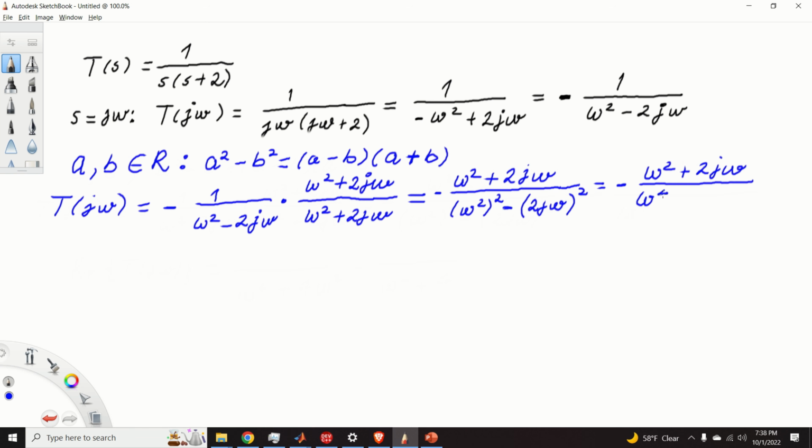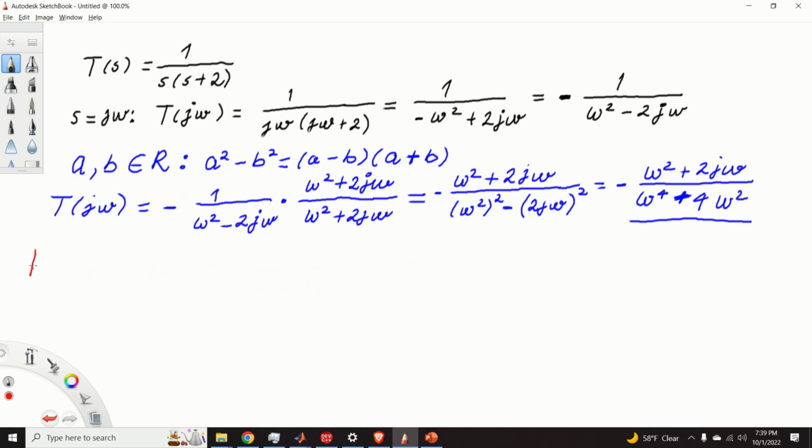And we obtain something that looks like this: omega to the power 4, and let's see what happens over here. 2j omega squared is 4, multiplying minus 1, multiplying omega squared, and since we have a minus over here, we obtain this expression, plus 4 omega squared. From this expression, we can immediately see the real and imaginary parts of our T of j omega.